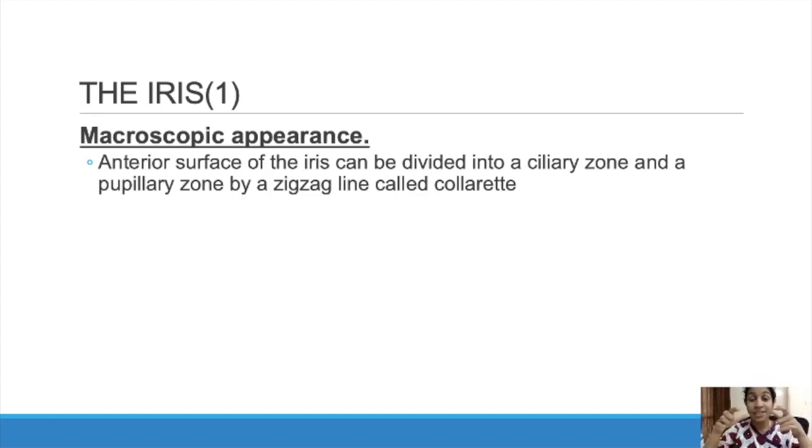You can imagine it like a CD, where you can see a hole in the middle. In between, there is a zigzag line that will divide this iris into two parts. The part near the pupil is the pupillary zone, and the peripheral part is known as the ciliary zone. This is divided by a zigzag line called the collarette.